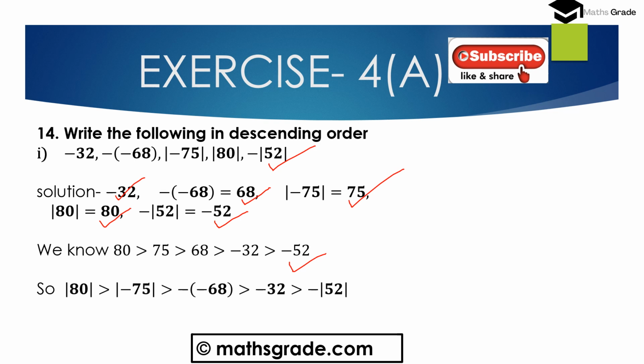So absolute value of 80 is greater than absolute value of minus 75, is greater than minus of minus 68, is greater than minus of absolute value of 52, is greater than minus of absolute value of minus 32, is greater than minus of absolute value of 52.